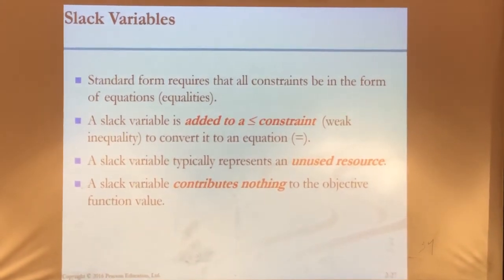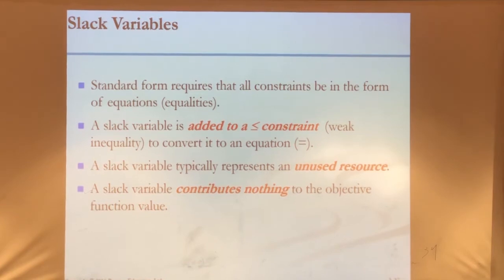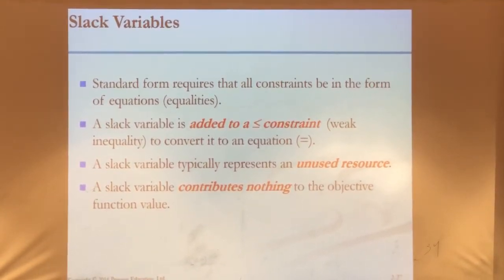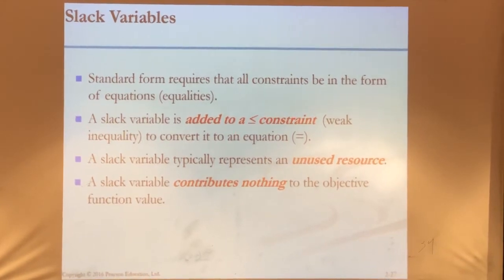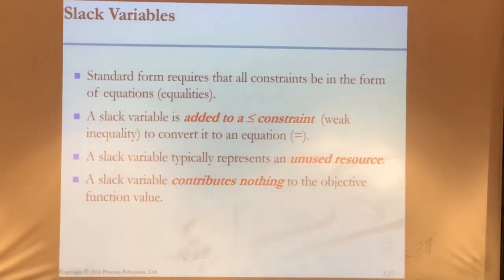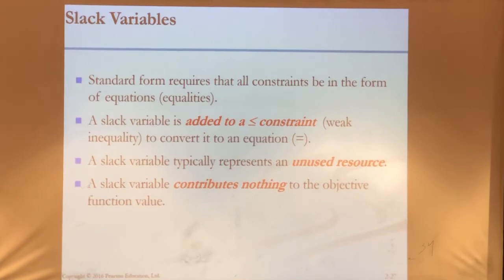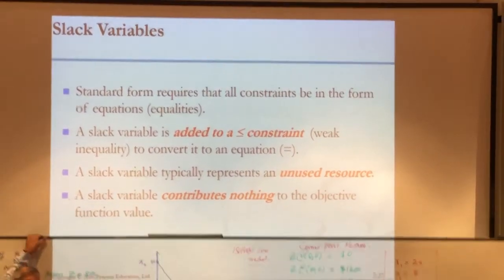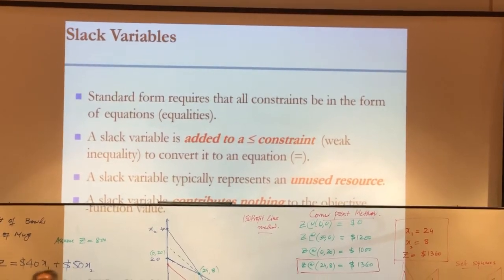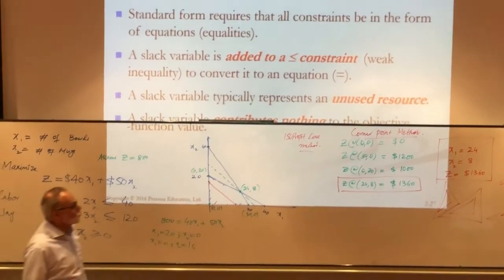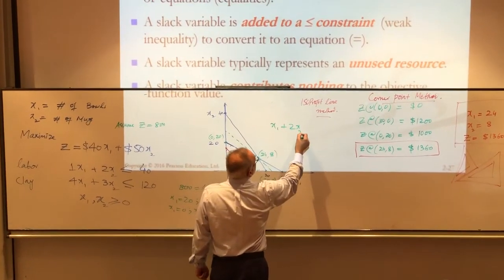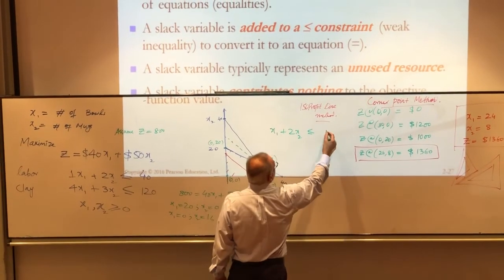Slack variables. This concept of slack variable is when we have a constraint less than or equal to, and we make it an equality, we add slack variables. So for example here, x1 plus 2x2 is less than or equal to 40.